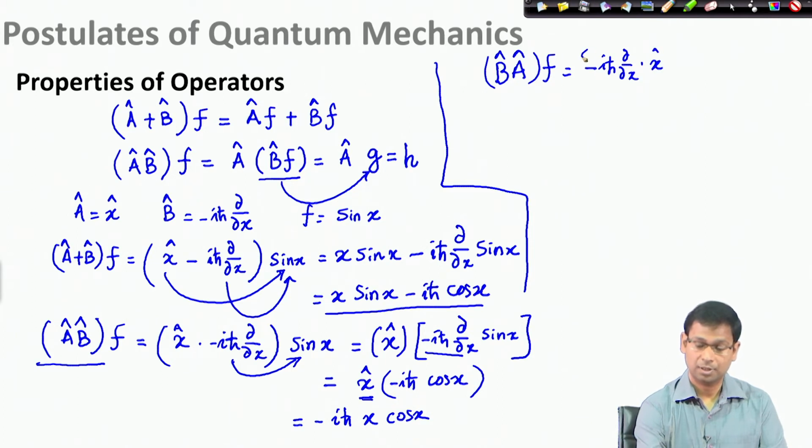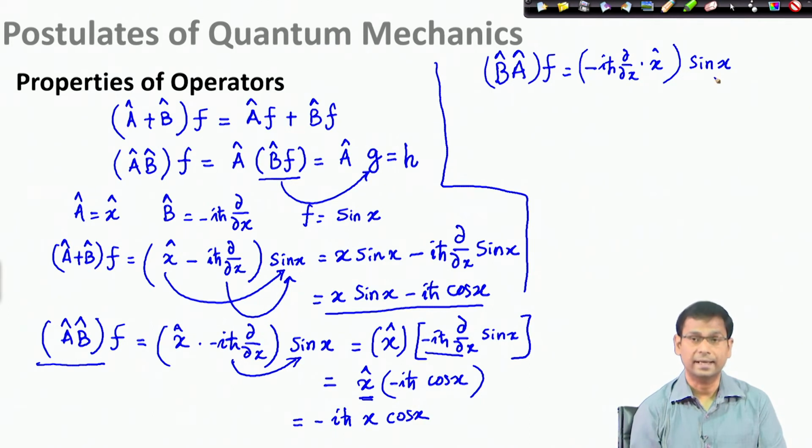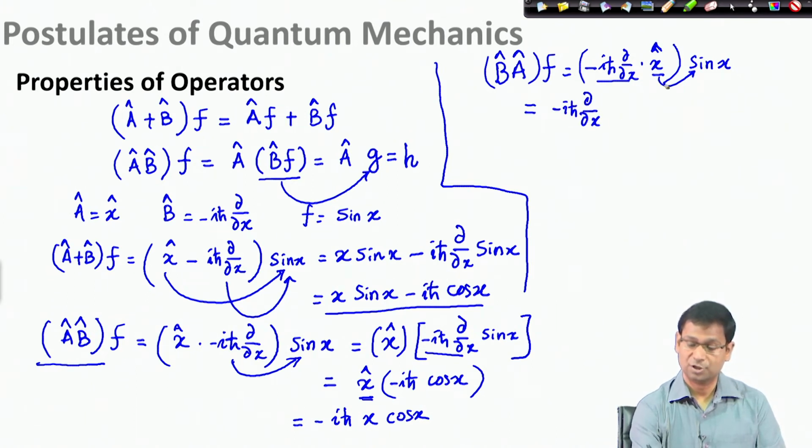This is the second operator, they act on the wave function sin x. When I have these two operators, first I apply this operator over here. So, I am writing down the first operator as it is. The action of x is simple, x sin x.